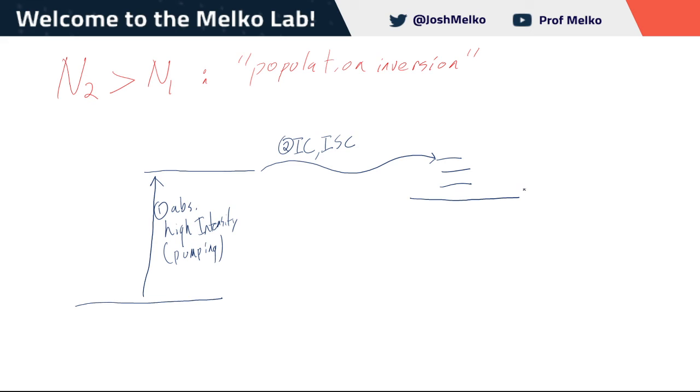So that's step two. You have absorption, you pump a whole bunch of things up here. A lot of them have favorable coupling to this other excited state through internal conversion or intersystem crossing. Then, once you're here, you're going to vibrationally relax down. Draw a few more states here. You're going to vibrationally relax down in process 3.